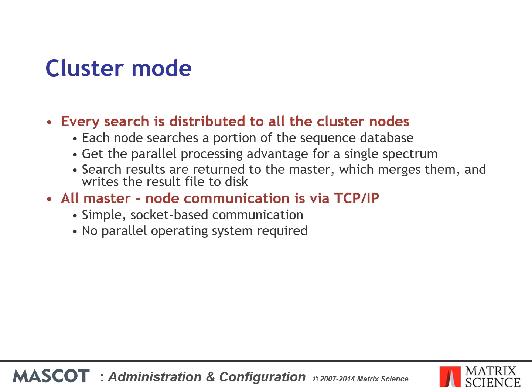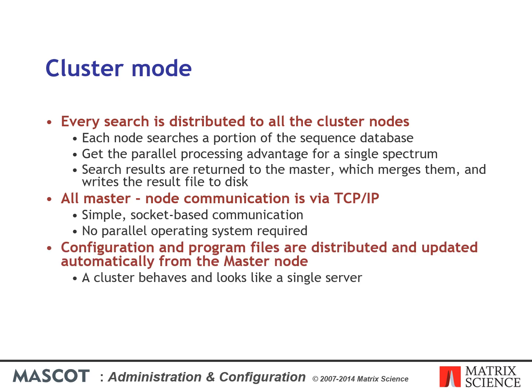All master node communication is via TCP/IP. This uses simple socket-based communication. A parallel operating system is not required. Configuration and programming files are distributed and updated automatically from the master node, so the cluster behaves and looks like a single server.